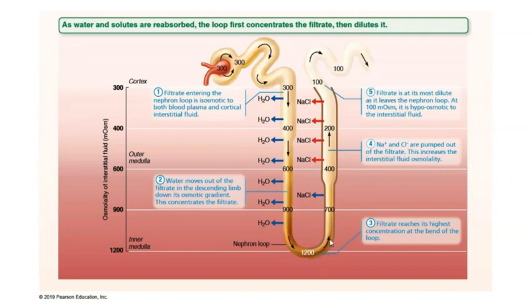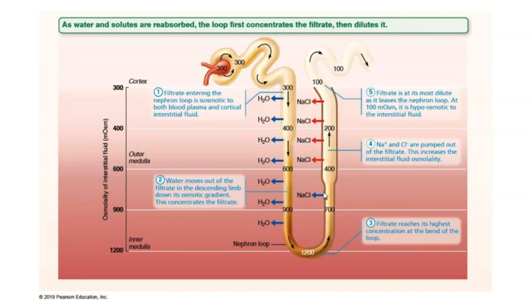But what I want to show you, the really cool thing, is happening in the ascending limb here. If we compare the descending and ascending limbs at the same level, we see that as salt is pulled out, the ascending limb maintains an osmolarity of the filtrate at 200 milliosmoles less than in a comparable region of the descending limb.